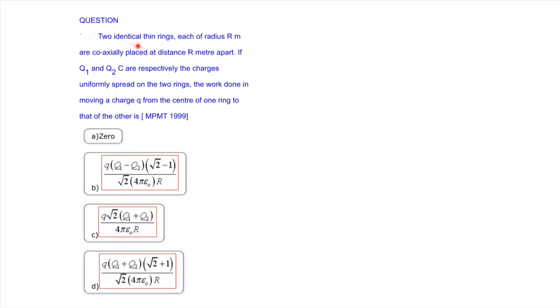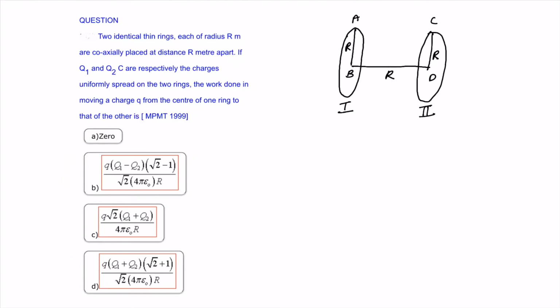Two identical thin rings, each of radius r meter, are coaxially placed at a distance r meter apart. If q1 and q2 coulomb are respectively the charges uniformly spread on the two rings, the work done in moving a charge q from the center of one ring to that of the other is, and these are the options. We have two rings, ring 1 and ring 2.